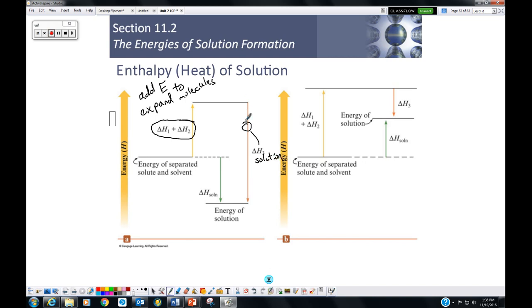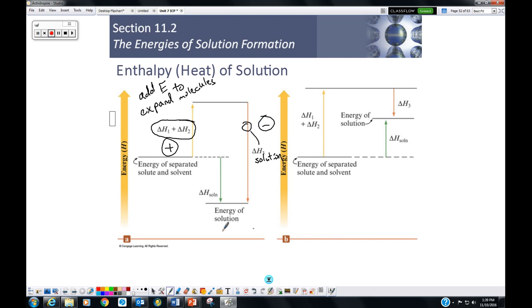So what we can see is if the overall heat of the solution is this large, this is going to end up being negative, right? Since both of these are positive, this is negative.